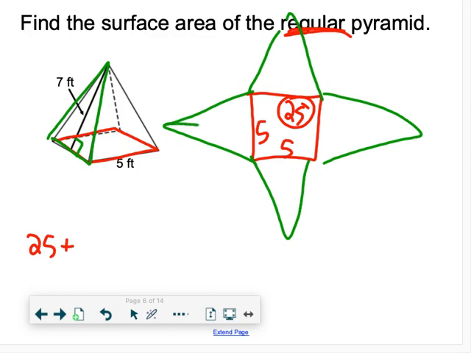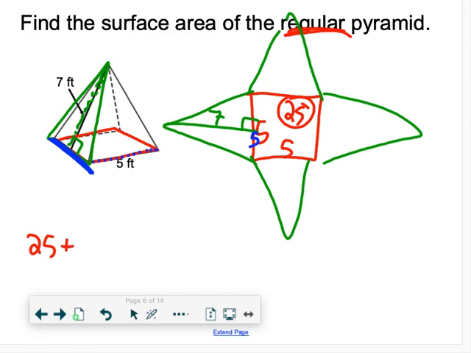Notice again, here's this right angle. Here's your lateral height. The height of the side triangle is 7. And then you've got the base down here. Although there's no number, it's the same all the way around. So then you've got a 5 down here as well. Oh, I already have a 5 written there.